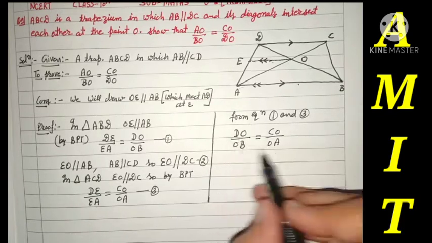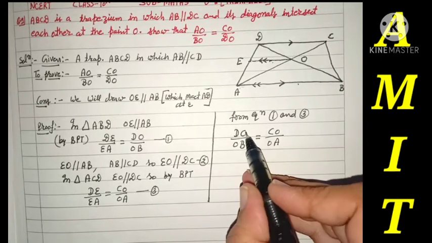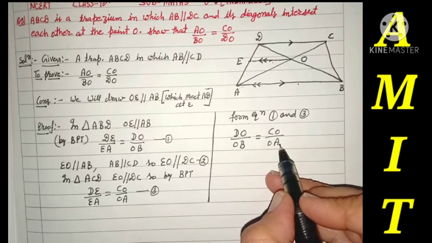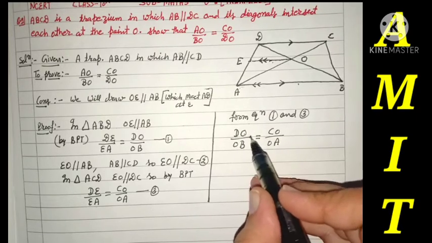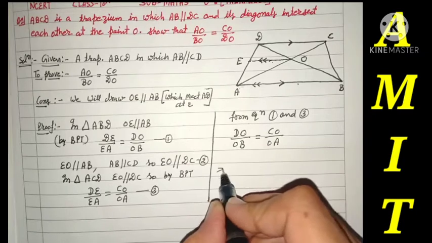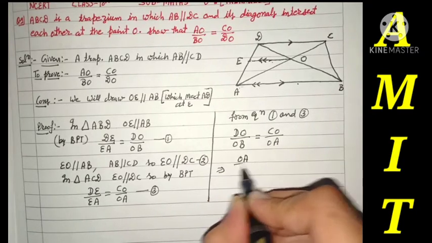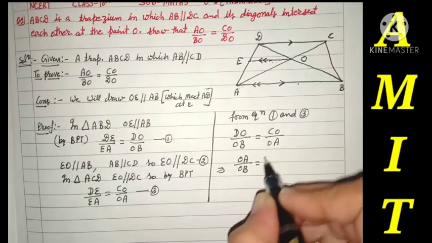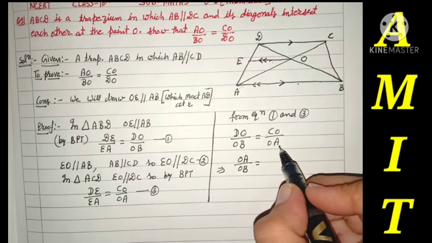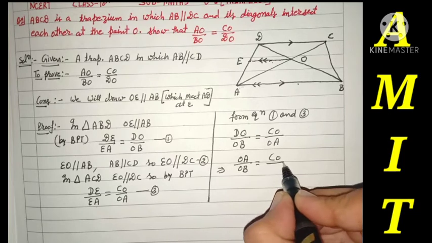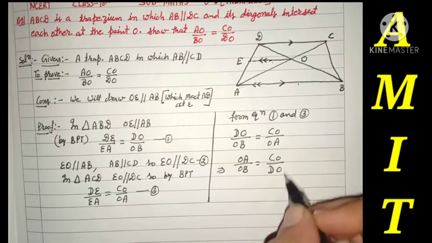Now we will do the cross multiplication, so this OA will be shifted to LHS and this DO will be shifted to RHS. So what we got is OA upon OB is equal to CO upon DO.